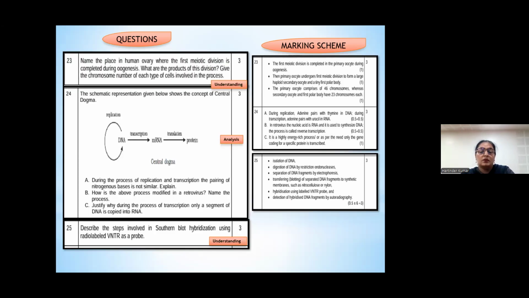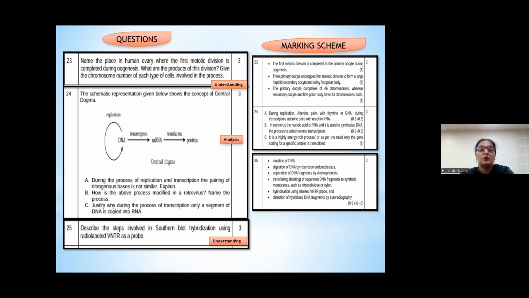This question section next is of the 3 marks questions. In this, they have given certain questions of understanding, simple questions also, and the questions of analysis also. In understanding, again, they have asked a very simple question to name the place in the human ovary where the first meiotic division is completing during oogenesis. That is, the child knows about the process of meiosis.